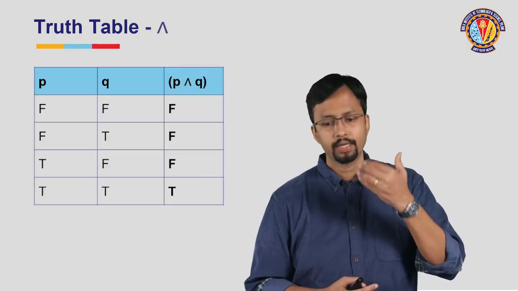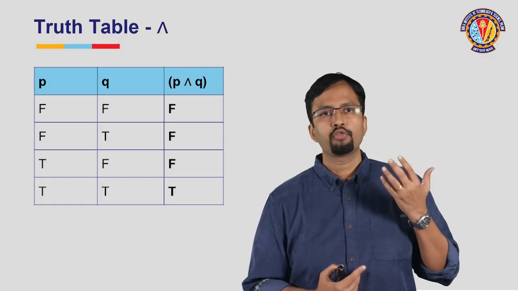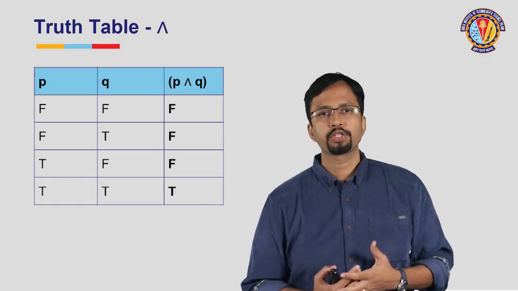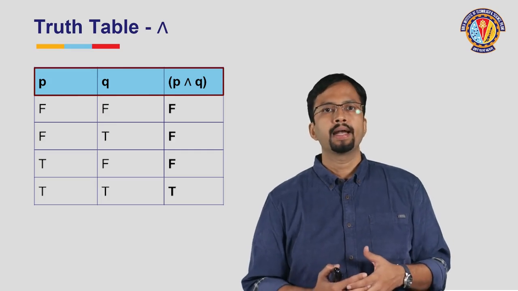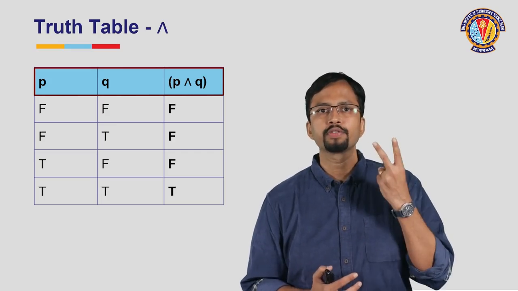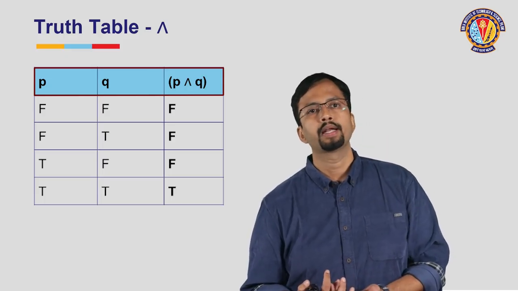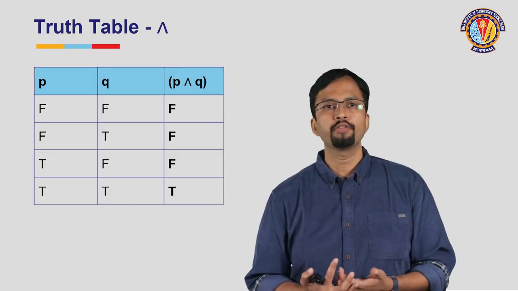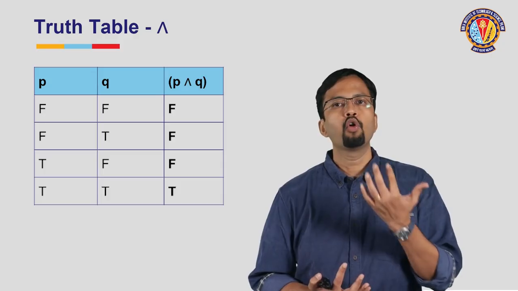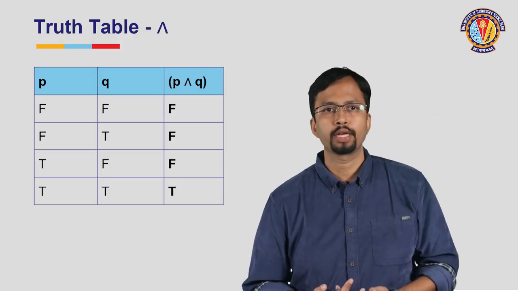Right. So here the conjunction of two propositional variables P and Q is a compound proposition, and it's a compound proposition that involves two propositional variables P and Q. And so therefore these two propositional variables can have four possible combinations of values, which are indicated in the 4 rows of the truth table.